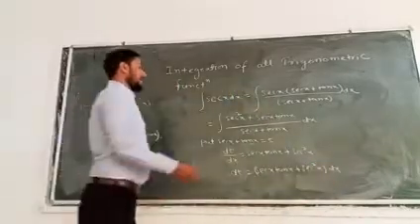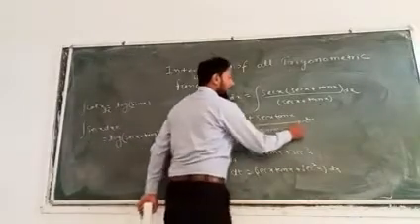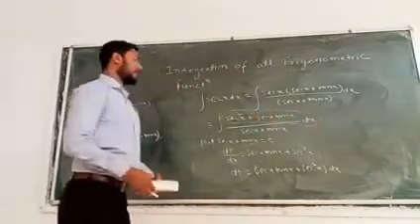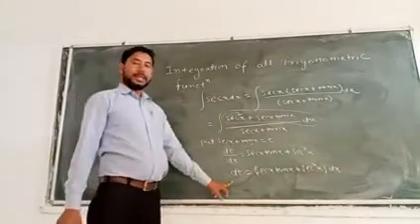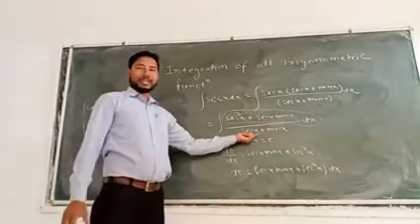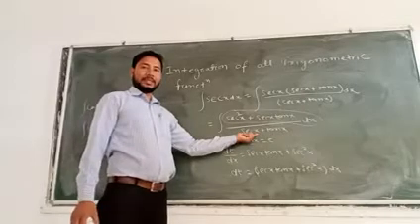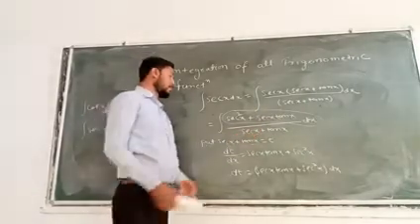It is clear that the numerator of the given expression changes into the form of dt, and the denominator changes into the form of t. Clear? Okay.